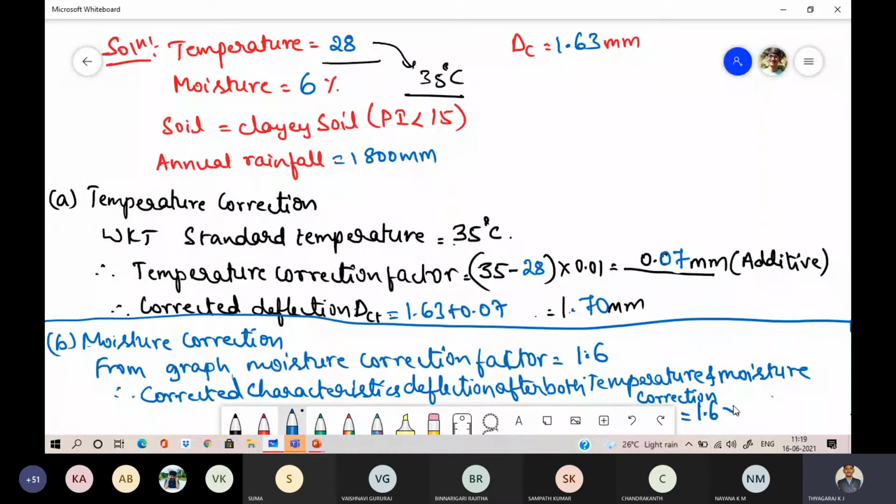So 1.6 into 1.7. Check how much you are going to get. That will be the corrected characteristic deflection after both temperature and moisture correction. 1.6 into 1.7. What is the value you are going to get?